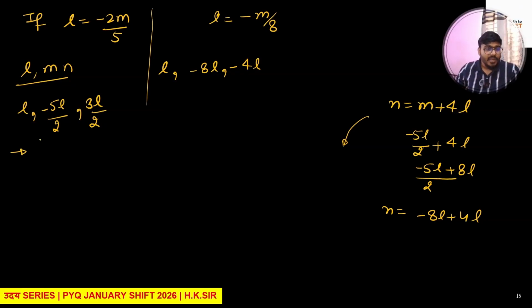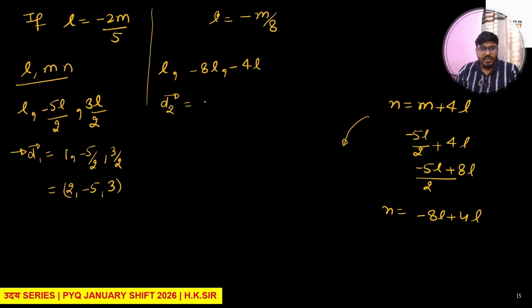Direction ratio d1 vector is 1 comma minus 5/2 comma 3/2, or after multiplying by 2 it is 2 comma minus 5 comma 3. And d2 vector is 1 comma minus 8 comma minus 4.